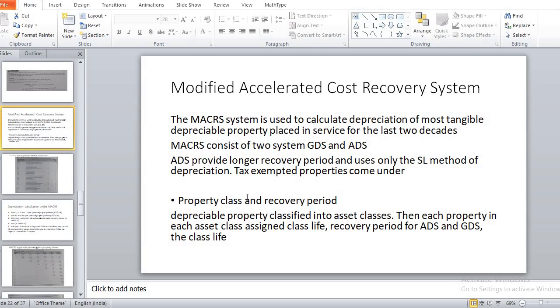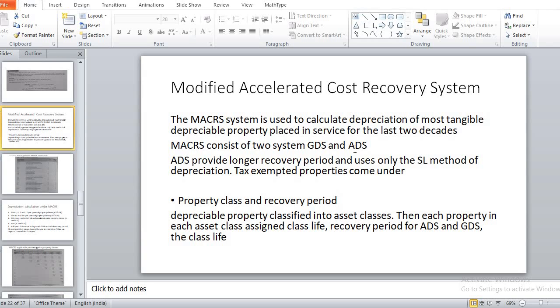In this modified accelerated cost recovery system, there are two types or two systems we consider, GDS and ADS. GDS is the general depreciation system, and ADS is the alternative depreciation system.